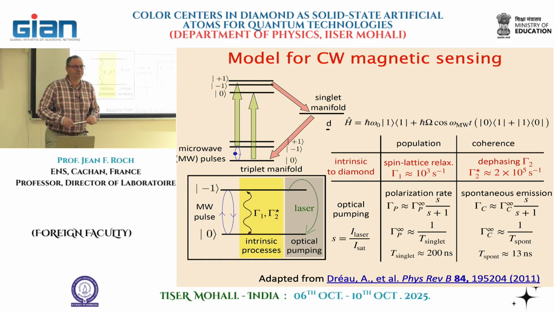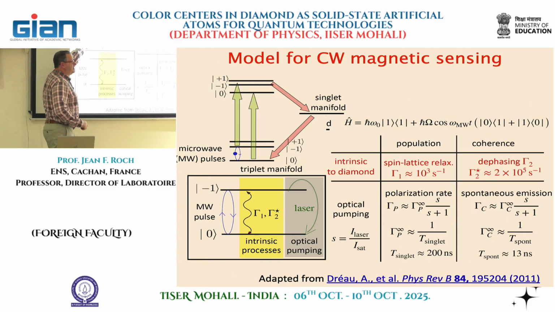So we made a few years ago a model for this CW magnetic sensing on a single spin, and it has been adapted for ensembles by Ron Walsworth and his team at Harvard. It took us some time to do that. That's also in the thesis of Anaïs Dréau and in this paper. It was done with Vincent Jacques. We applied, you have different rates.